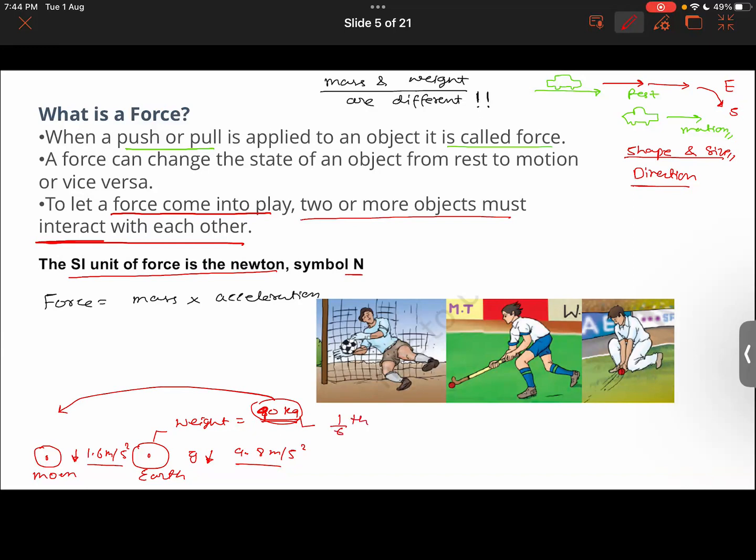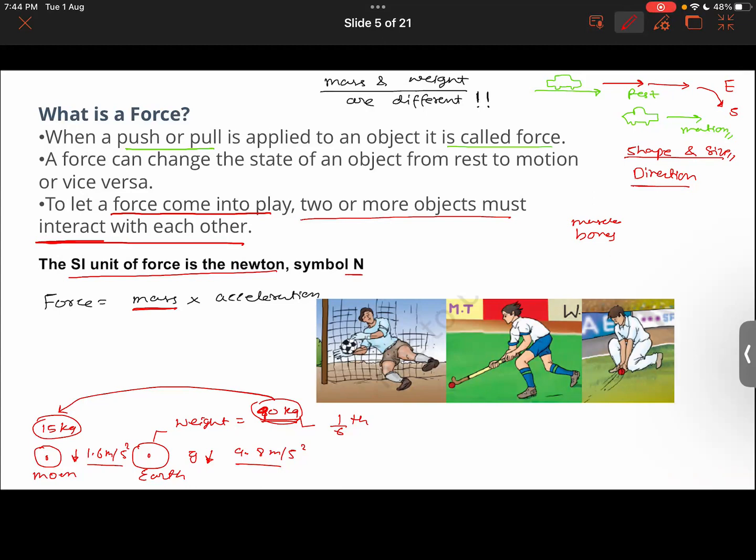So on the Moon, we will feel our weight to be only 15 kg, since it becomes 1/6 of the weight on Earth. So that is the difference. While mass is the actual composition, like our body is made up of muscles, bones, and different tissues. It is the actual composition of all these components in our body that is basically equal to mass.